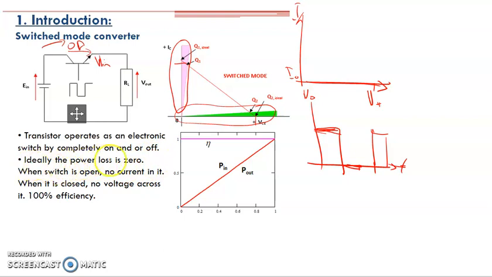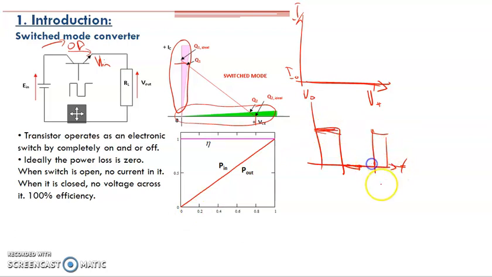So ideally the power loss is zero, and ideally when on or when off, there is no leakage voltage and no leakage current, but in practice there will still be losses. The efficiency should be at 1 regardless of the duty cycle.